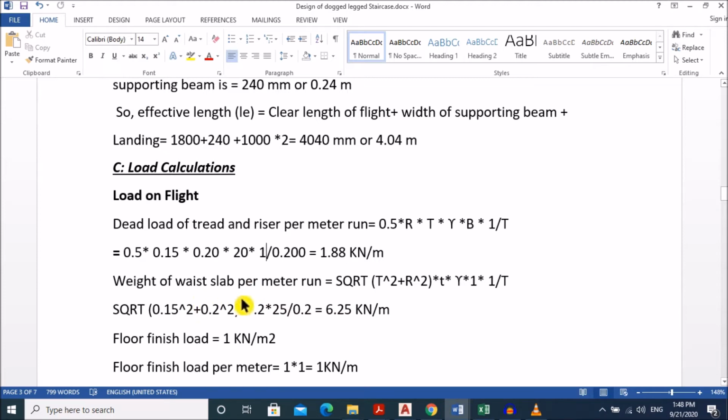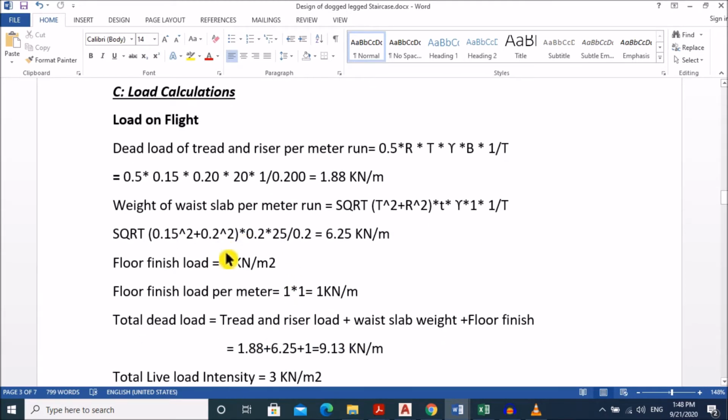Weight of waist slab per meter run is square root of tread square plus riser square, into T, into gamma, into 1 by tread, right? That gives 6.25 kilonewton per meter.